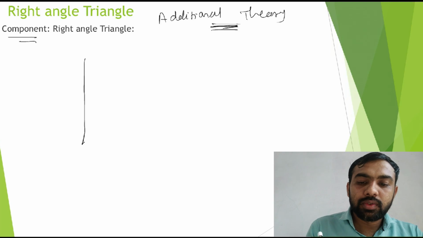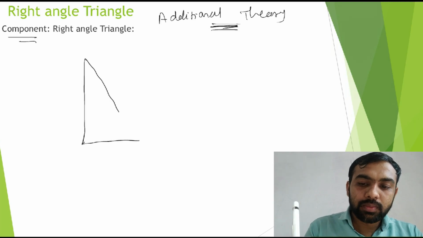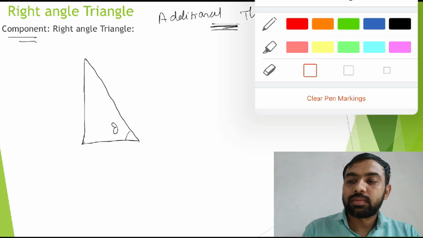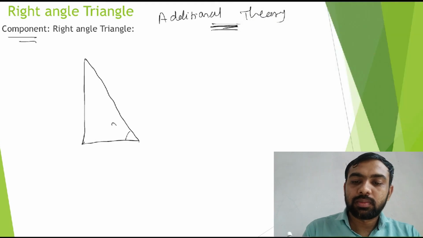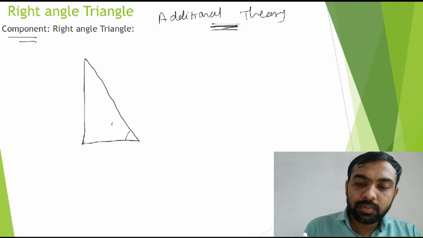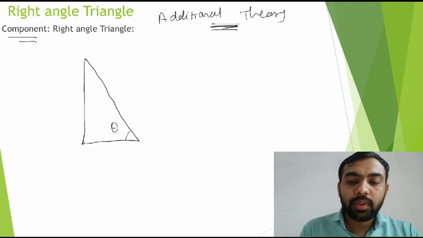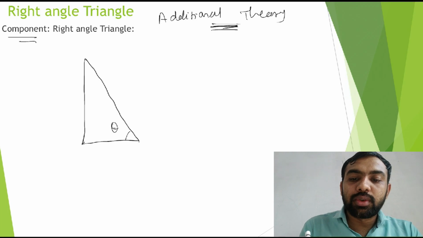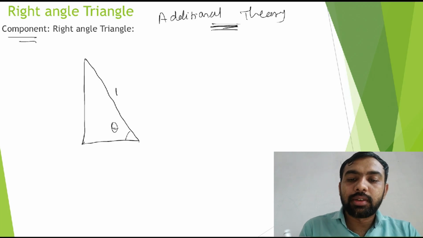If you consider a right angle triangle, and this angle is theta, suppose the hypotenuse is equal to r.